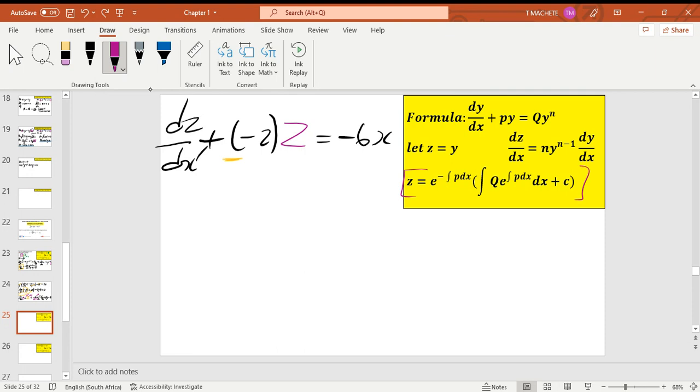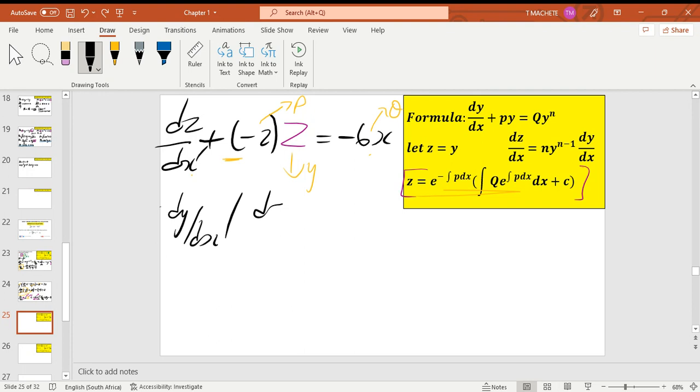Remember the linear equation. The linear equation tells you that if this one is your p, then this one is your y, then this one is your q, then you can use this formula. That's the formula that we used previously. So in this case, since you are using the functions of z and not y, we don't have dy over dx here.